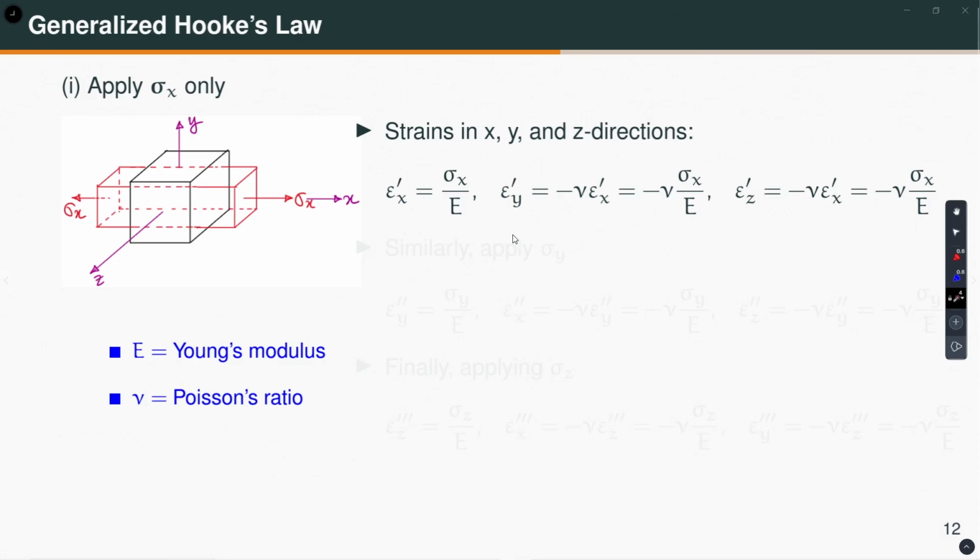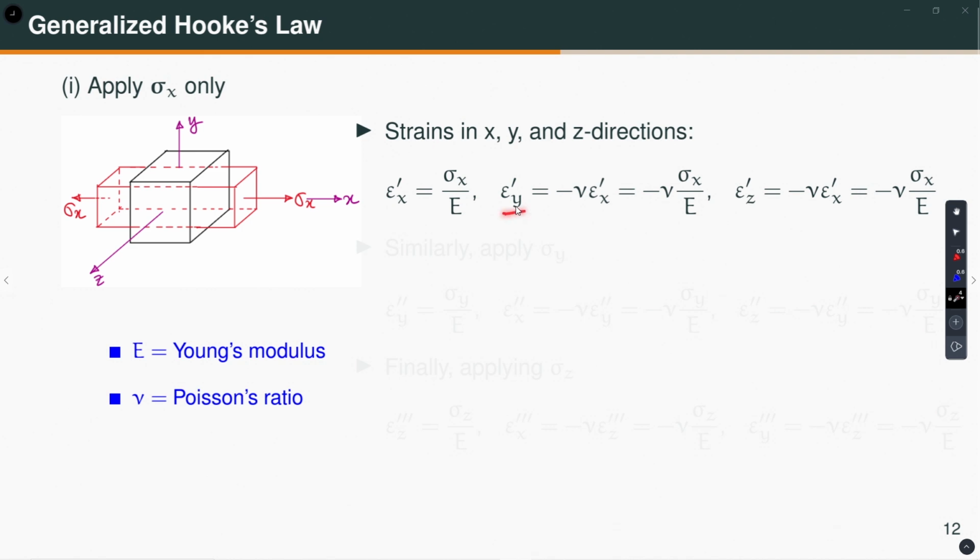So, how do I derive that? Let us say I have an element, okay, as shown here, and I am applying sigma x only, right. If I apply sigma x only, I will be getting strain in the x direction, which is sigma x divided by E, as simple as that. Then, because of Poisson's effect, there will be lateral strain in the y direction as well as in the z direction.